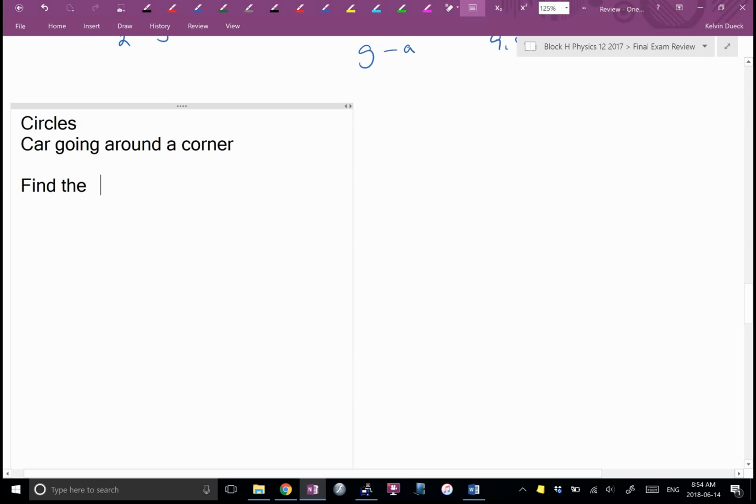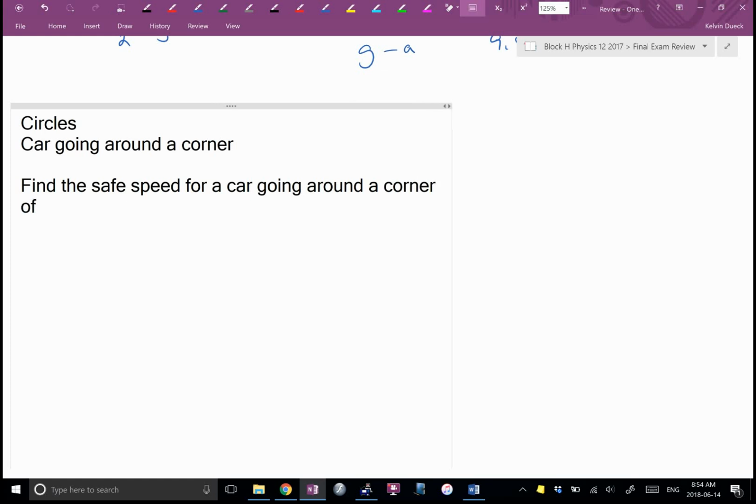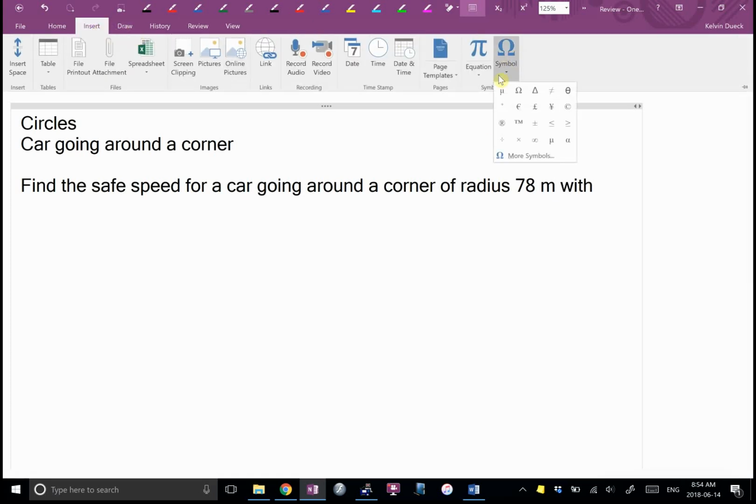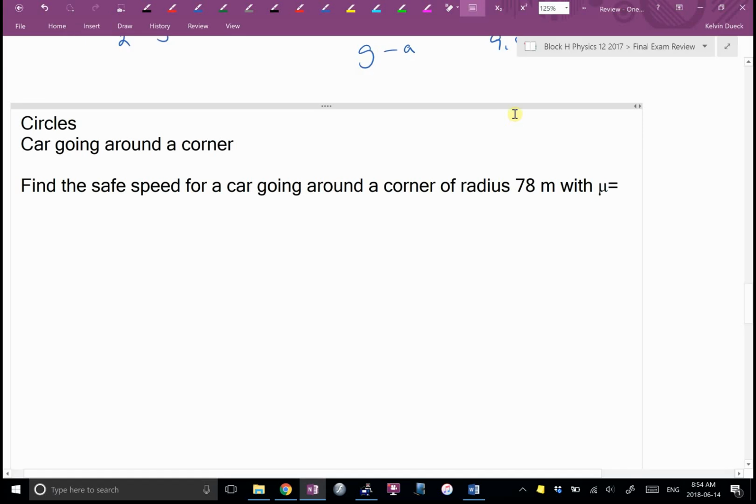Find the safe speed for a car going around a corner of radius, I don't know, 78 meters with coefficient of friction equal to 0.